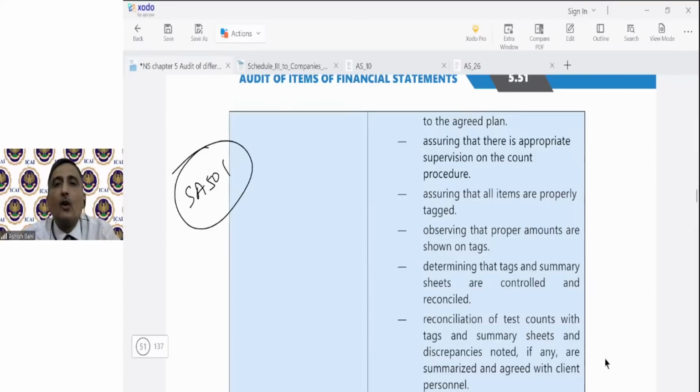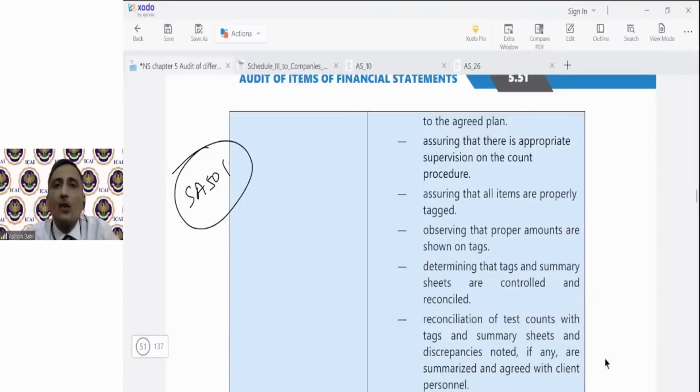Clear, students? So what is the duty of the auditor? The auditor's duty is to see the plan of management, see the program of management, how they plan to physically verify the inventories, and he sees that that plan is properly laid out, and the persons of the company, the staff deployed by the company for verification of inventories, understand those instructions, and they carry out that process properly.